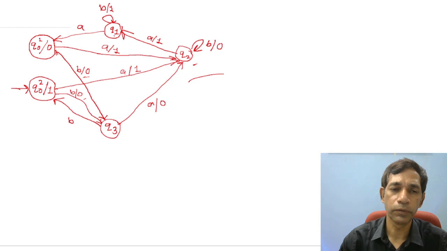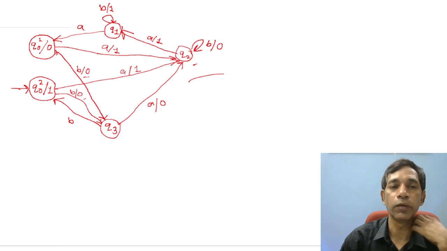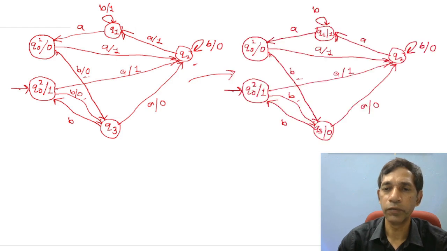From Q2 we have the edge which goes to the Q1, and this incoming edge is also going to print the 1. Output is 1. So what we can do, we can replace this Q1 with Q1/1, meaning this state is now going to produce the output 1, and the B/1 is relabeled as B, and the edge from Q2 to Q1 should be relabeled as A.